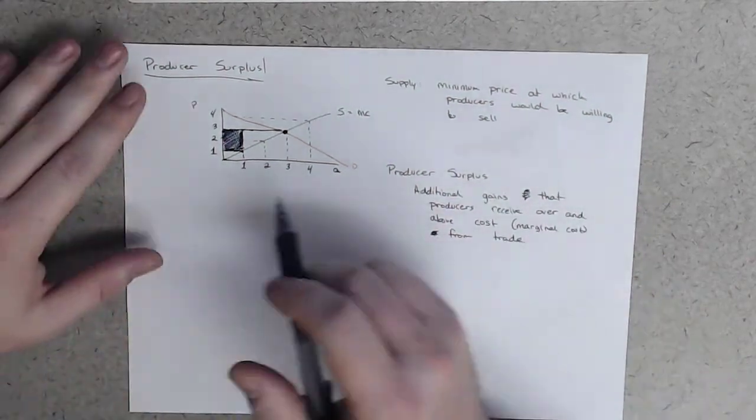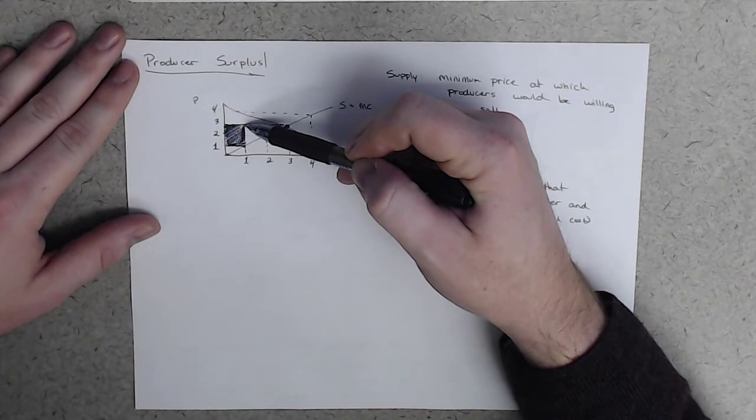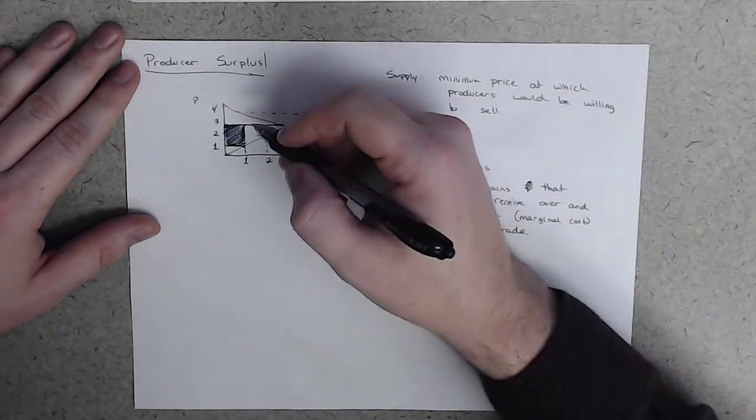So they're willing to sell this thing for $1, but they sell it for $3. So that's $2 of additional surplus.